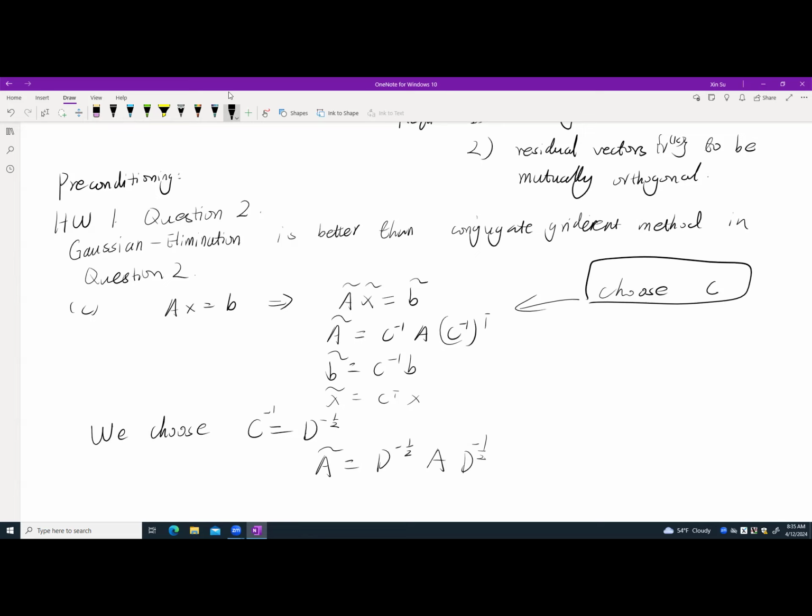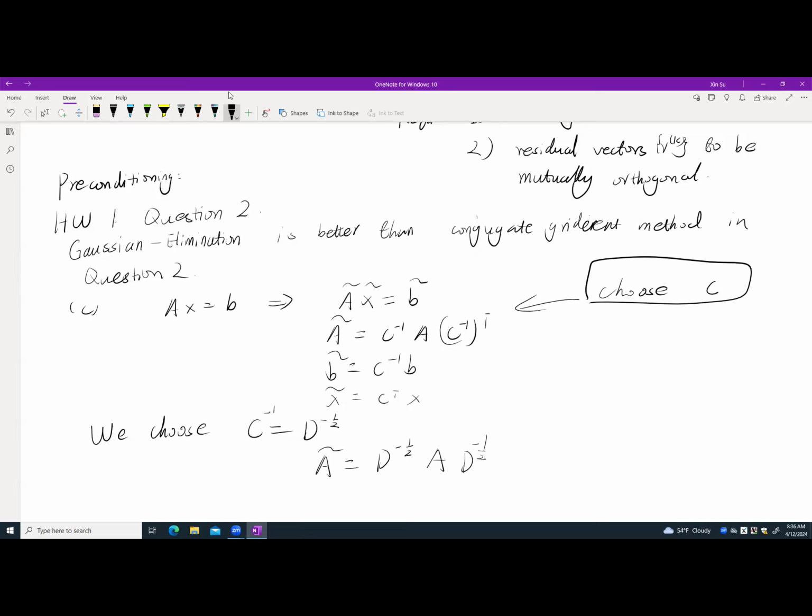Because we are taking the diagonal of A, right? And doing the -1/2 here and -1/2 here, if you just intuitively do the calculation, this is just a diagonal, and then taking the inverse, right? And then multiplying by A. You will find out that you can expect the eigenvalues of the A tilde are also close to 1.